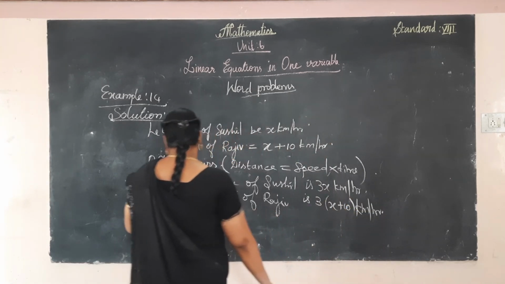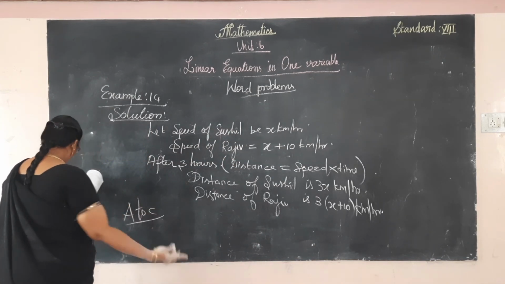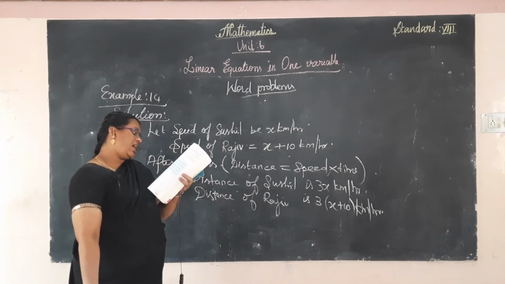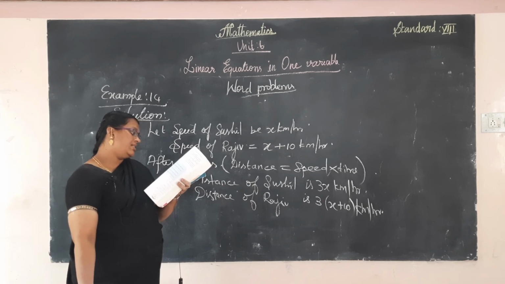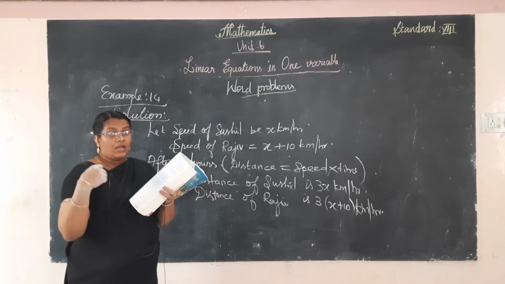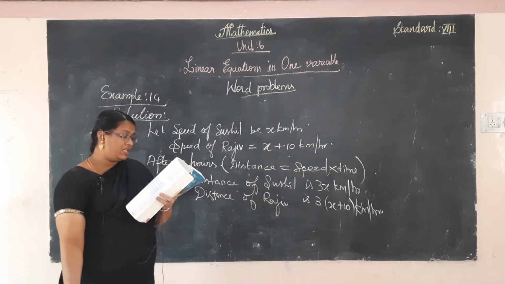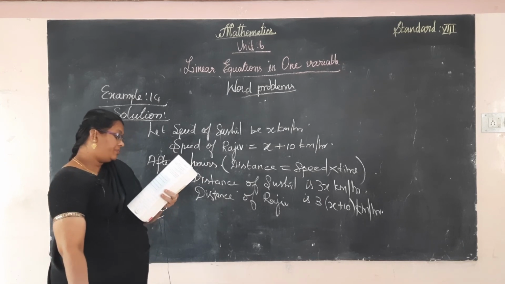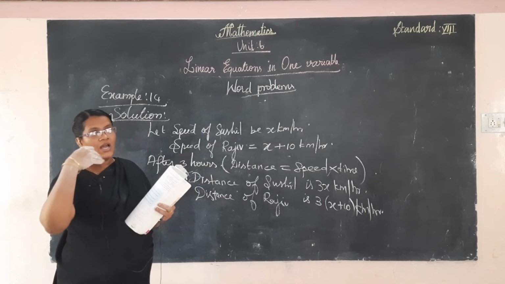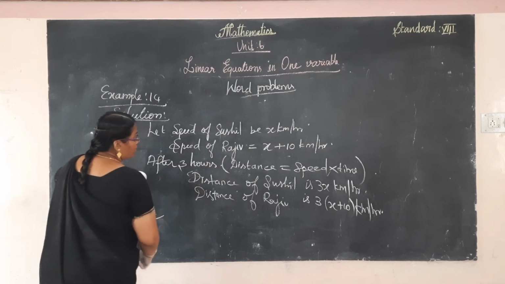Right? Now according to the condition, they are 40 km apart and the total distance between the cities is 310 kilometers. Apart means 40 km more, so we have to add with these two statements.